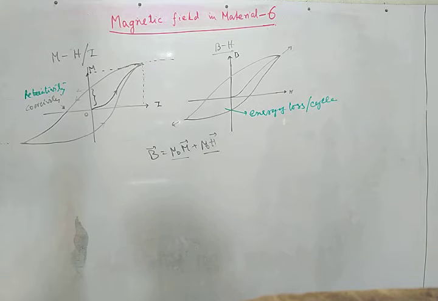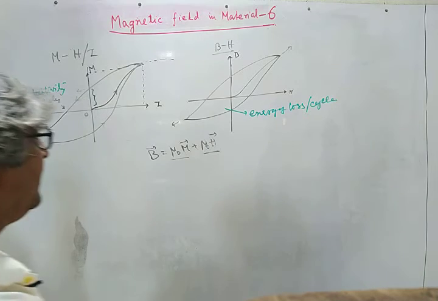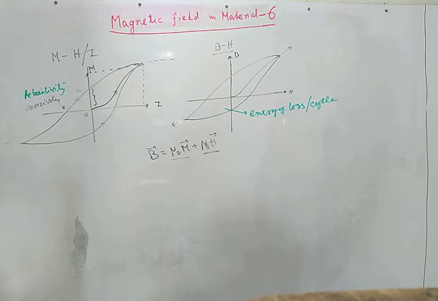Then some energy is lost because the movement of the dipoles is not a reversible process. So the energy loss in the irreversible process appears as heat, and when we subject a ferromagnetic material to several cycles, we find that the material gets heated.